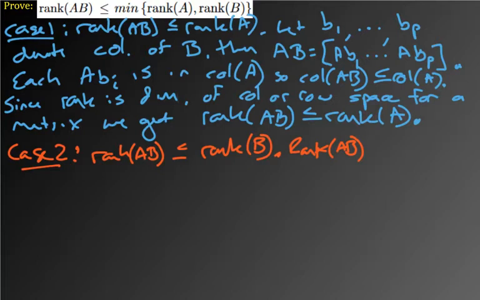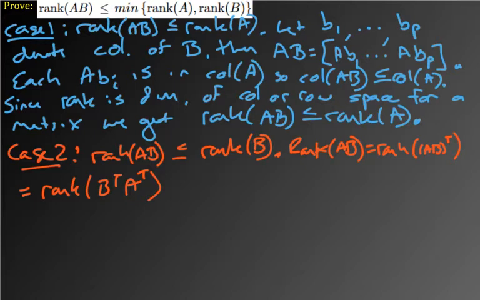It doesn't matter which way you look at it, rows or columns, the dimensions of the row space and the column space are equal. So this would equal the rank of (AB) transpose, which would equal the rank of B transpose A transpose, just using transpose properties, the socks and shoes thing.